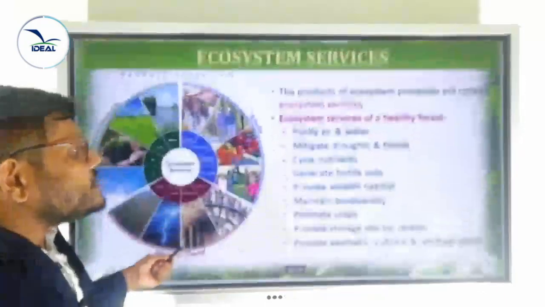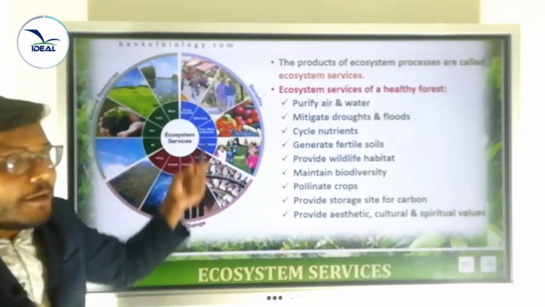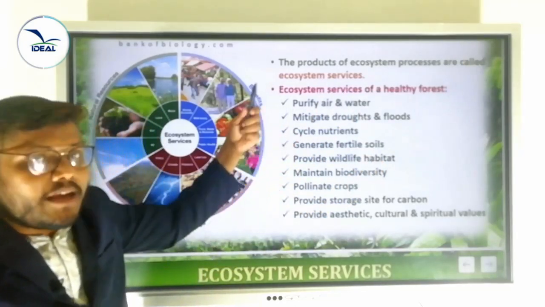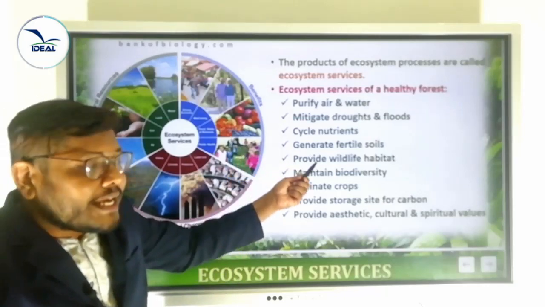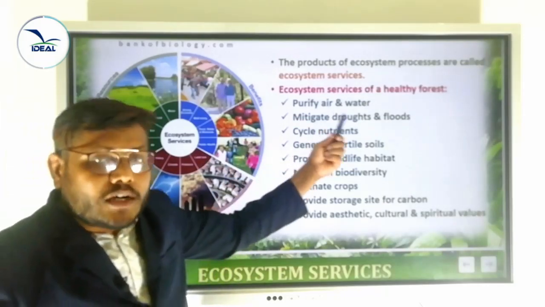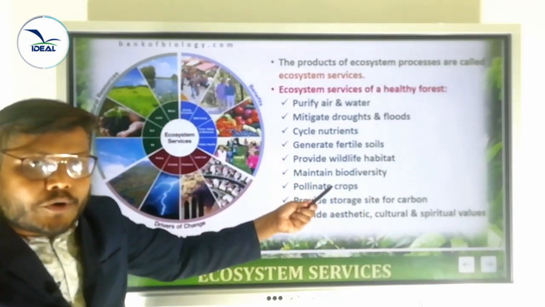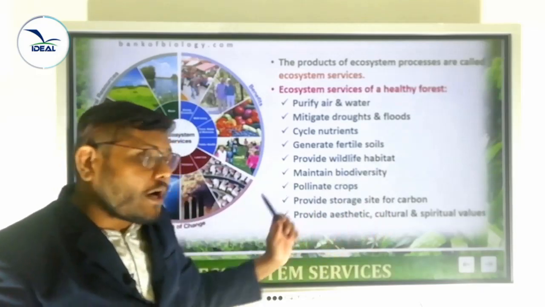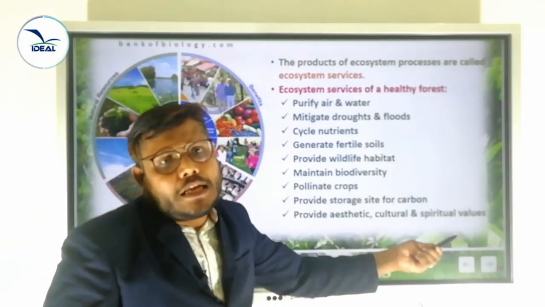Some of the ecosystem services of a healthy forest are: it purifies air and water, mitigates drought and flood, cycles nutrients, generates fertile soil, provides wildlife habitat, maintains biodiversity, pollinates crops, provides storage sites for carbon, and provides aesthetic, cultural and spiritual value.